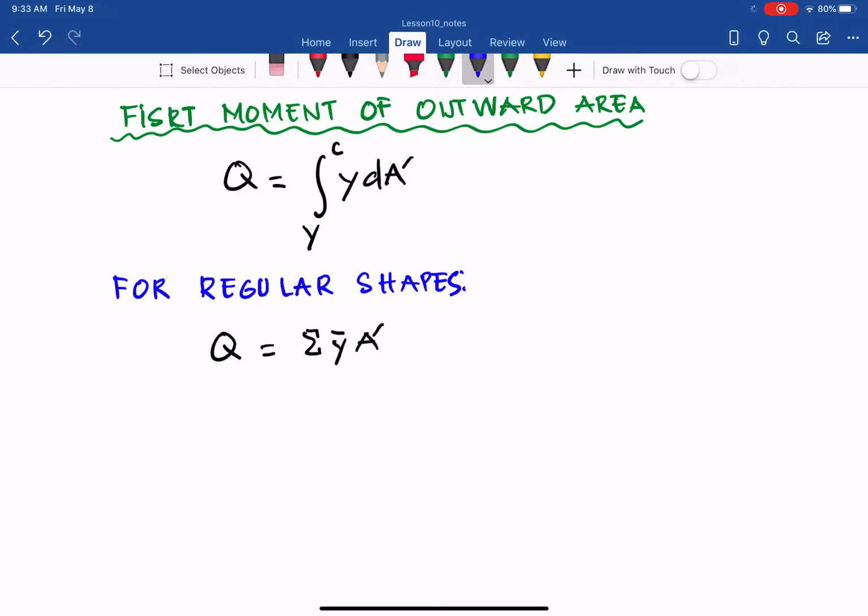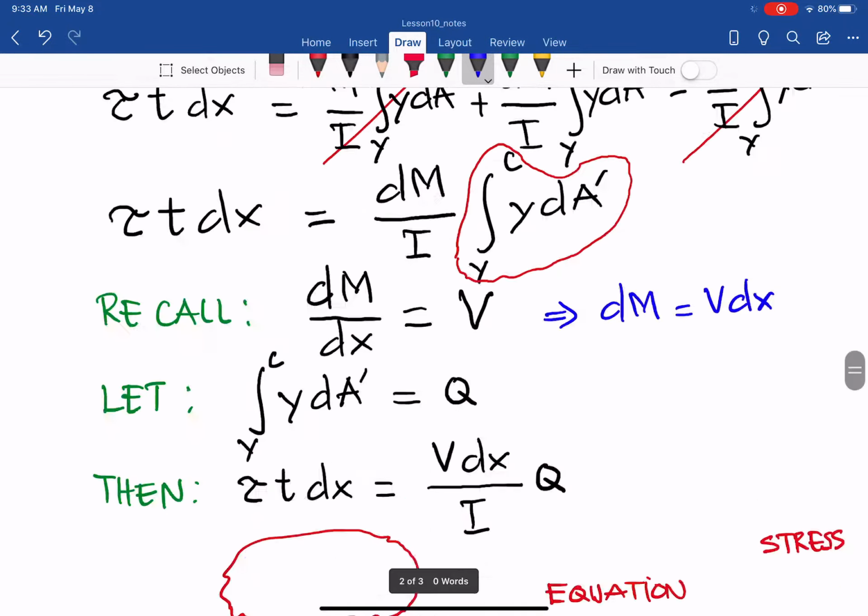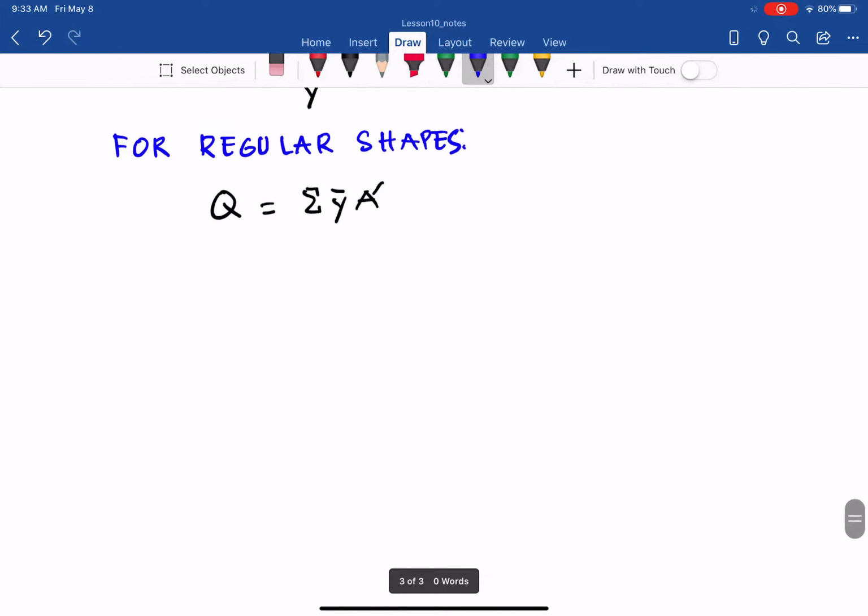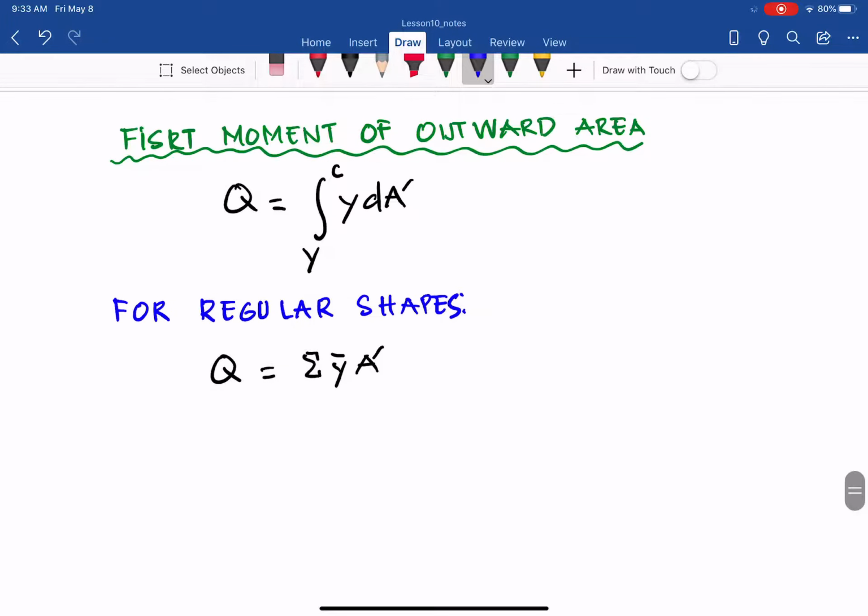So let's define what A' is in that equation, and what y bar is for regular shapes. It is very important that you understand all of this terminology so that we can apply it correctly. So what is A'? That is the outward area.